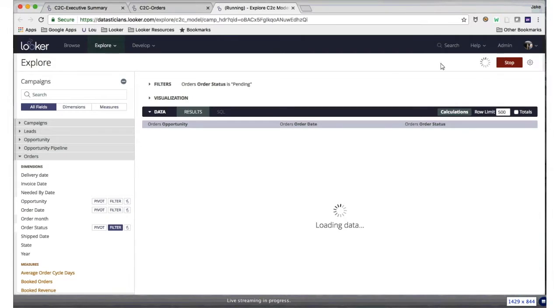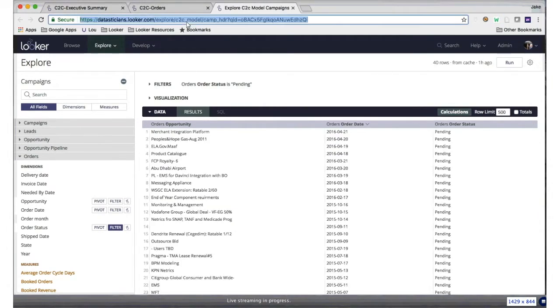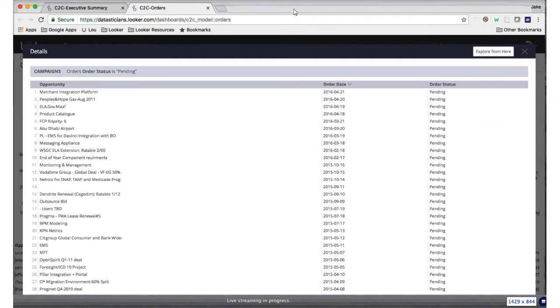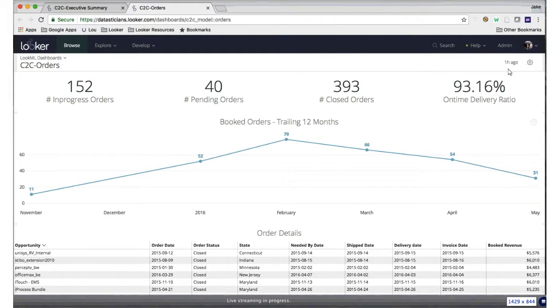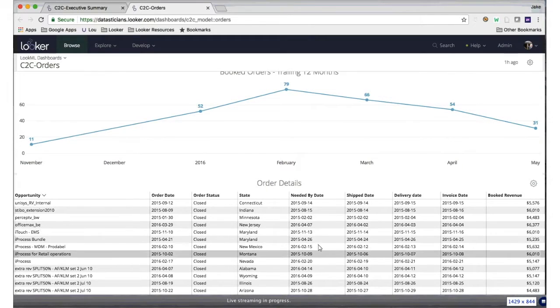I could take this URL and send it to my ops team, my shipping team, and that way they can take action and know what orders we have pending, when they're supposed to come up, so that we can really be using this data to move our organization. We also have a list here of kind of trailing 12 months of data, of orders, and down again to the granular level detail of those orders.